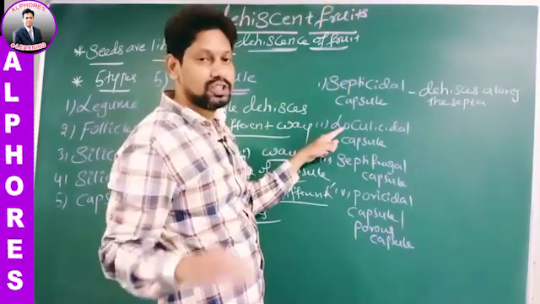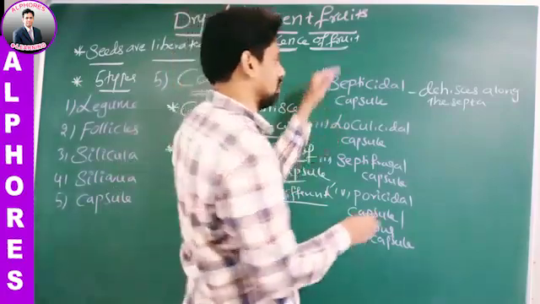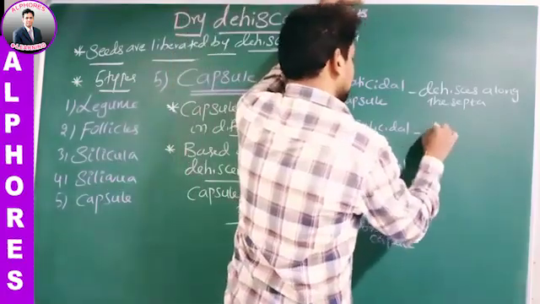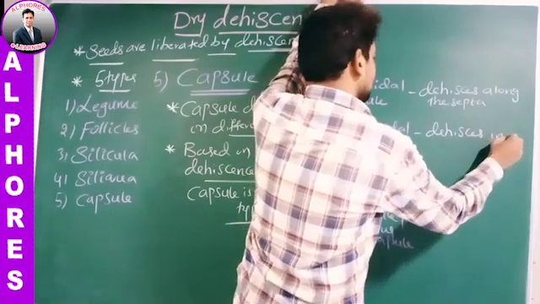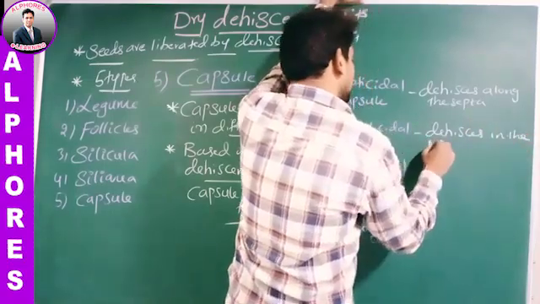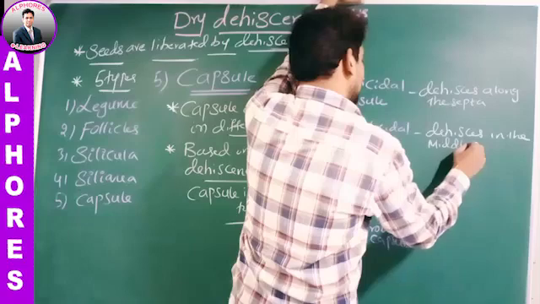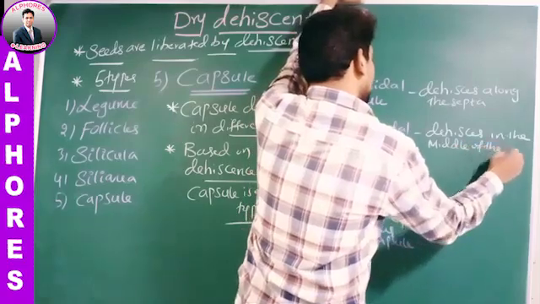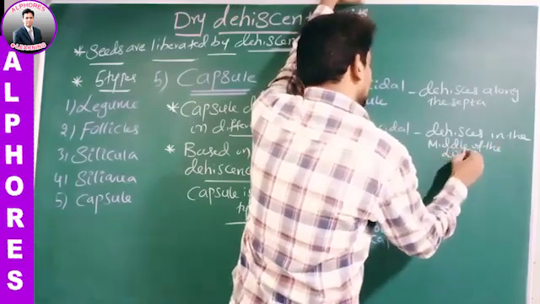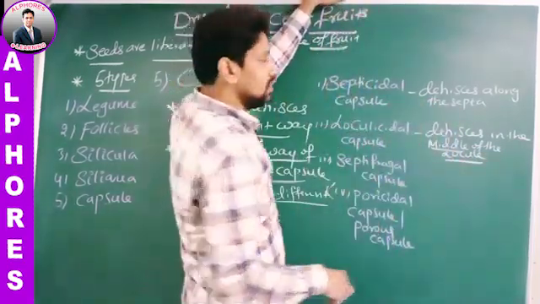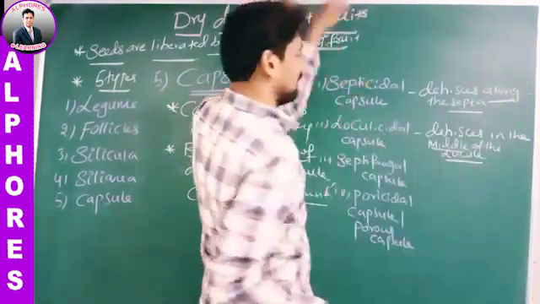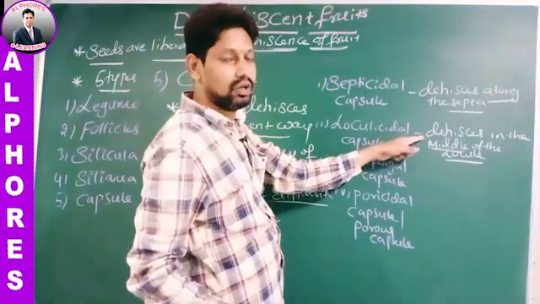Okay, capsule dehisces in the middle of the locule. Therefore, dehisces in the middle of the locule of the capsule. Here it is dehiscing along the septa. Here it is dehiscing in the middle of the locule of the capsule.